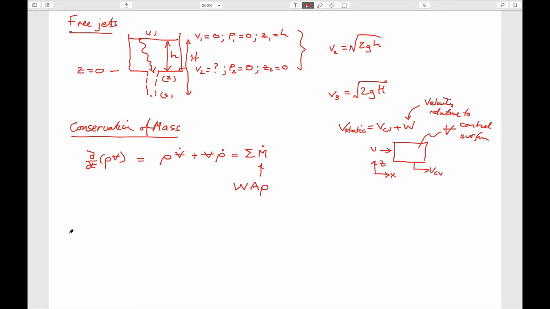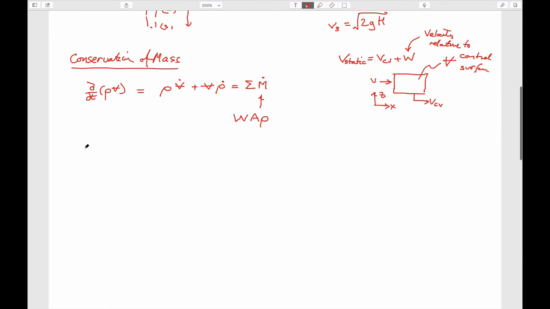Okay. So conservation of mass was one, and the second was conservation of momentum. In its simplest form, it was all steady state that we do, and it's equal to W plus the velocity of the control volume.